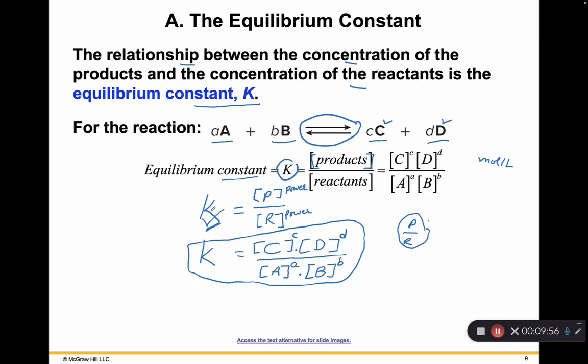The value of the equilibrium constant will be the same for that particular reaction, no matter if the concentrations of reactants or products are changed. As long as you are doing the reaction at the same temperature, the equilibrium constant will have a particular value associated with that reaction. So let us look at one example here.